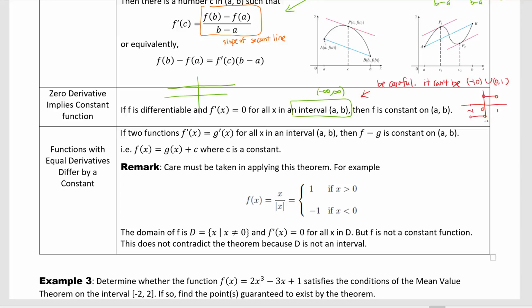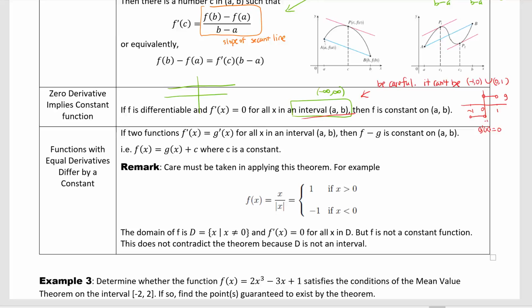It's a union of two subintervals. Let's call this function g. You can see g prime is all 0 on the domain. However, is this a constant function? No, this is not a constant function. It equals different constants. So that's why for zero derivative implies constant function, we have to emphasize it is on an interval (a, b). It cannot be a union of two disjoint intervals. So we have to be careful with that.